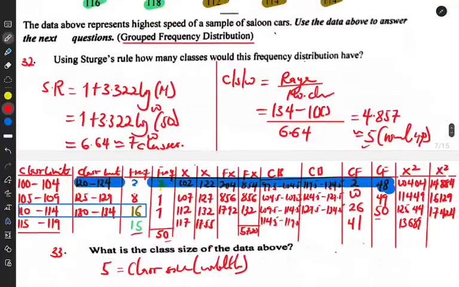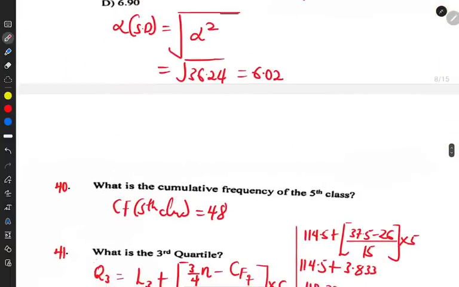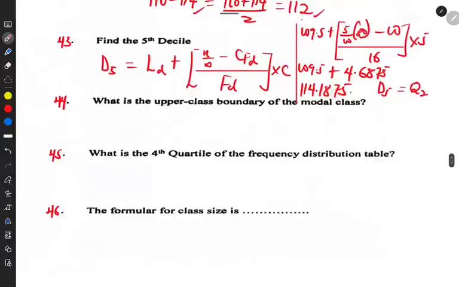It's supposed to be here, which is 114.5. So let's take note of that. 114.5. So the upper class boundary of the modal class is supposed to be 114.5, and you are good to go.